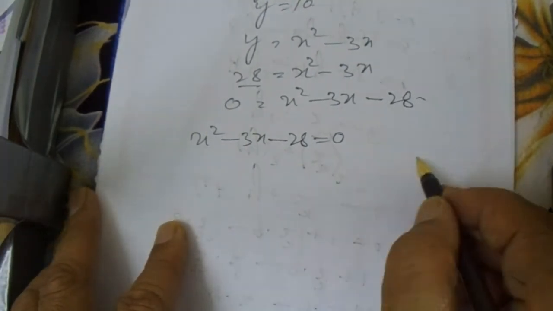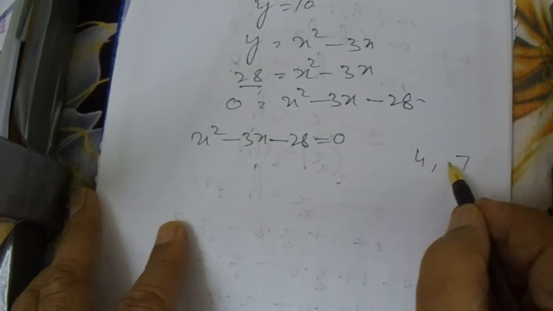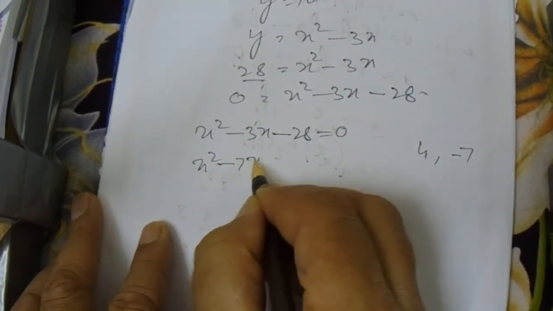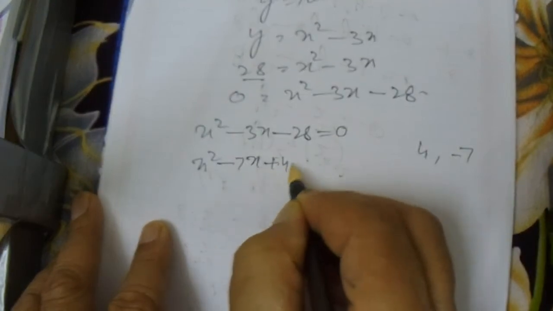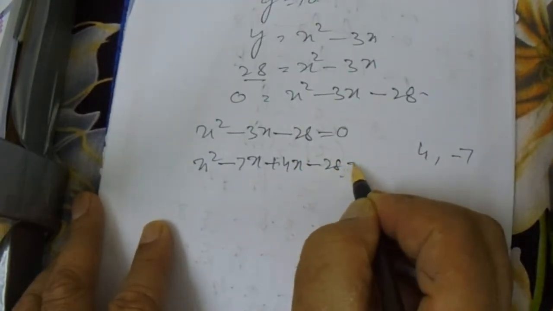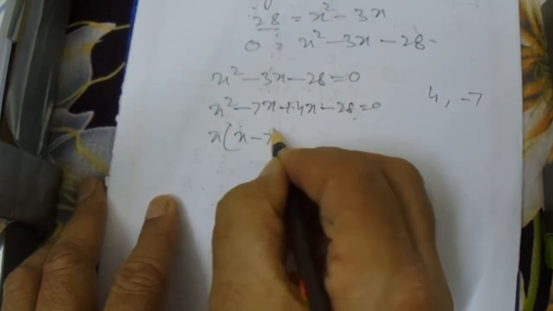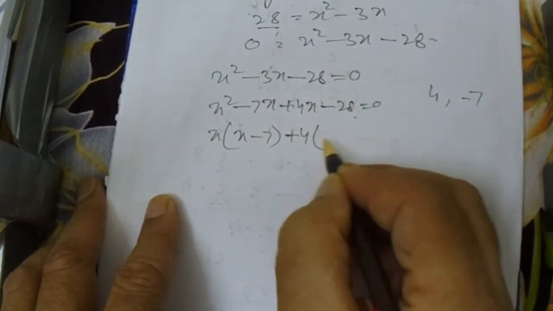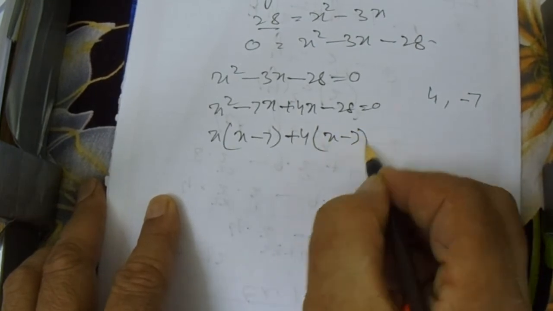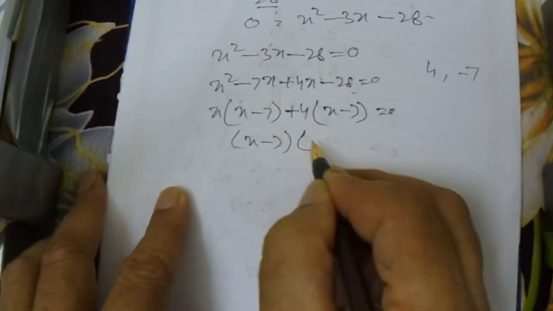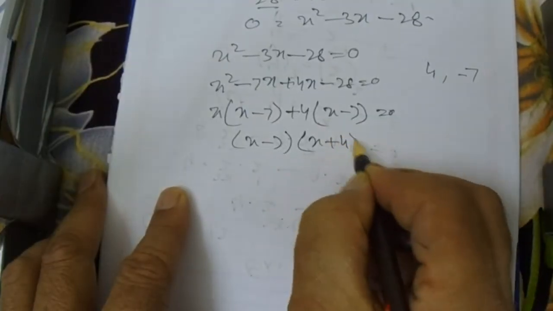Now we factor 4 and 7, minus 7 and 4. We write x square minus 7x plus 4x minus 28 is equal to 0. Now here x common from this, x minus 7, and plus 4 common here, x minus 7, is equal to 0. X minus 7 and x plus 4 is equal to 0.